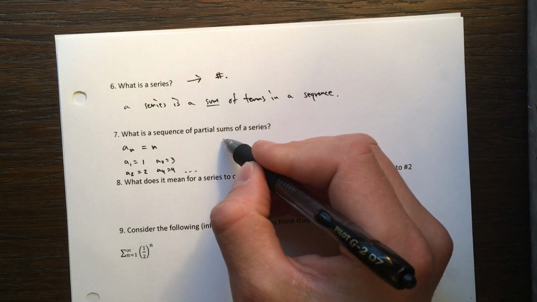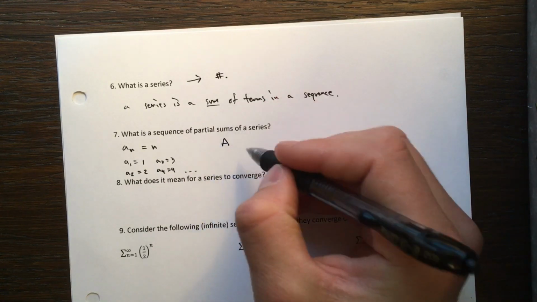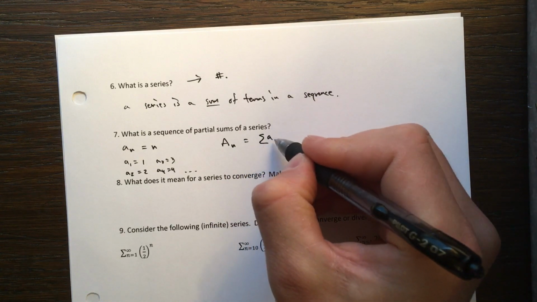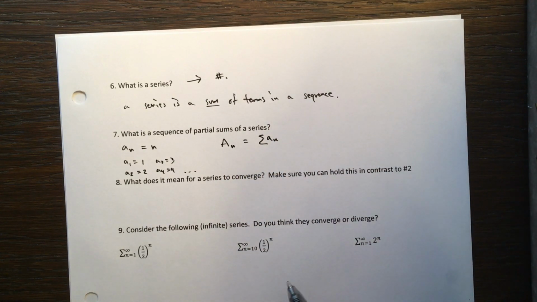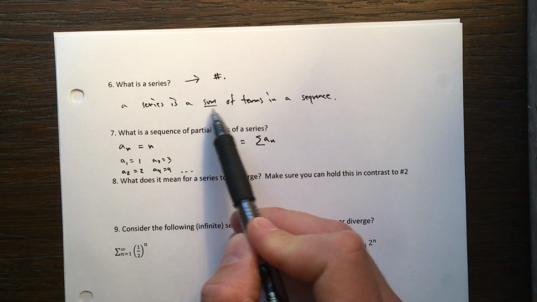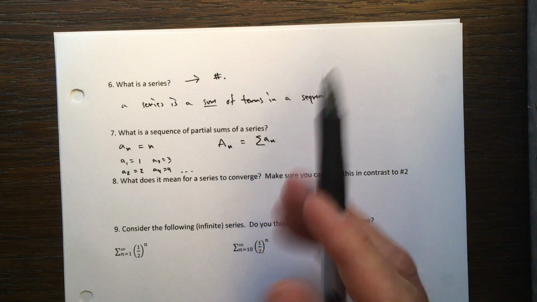Let's call it s sub n, equal to the sum of a sub n. So a sub n is our sequence. A series is just the sum of terms in a sequence. So a sub n, we'd sum them up.